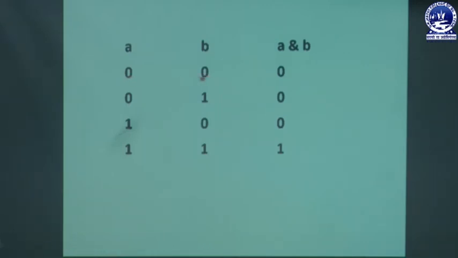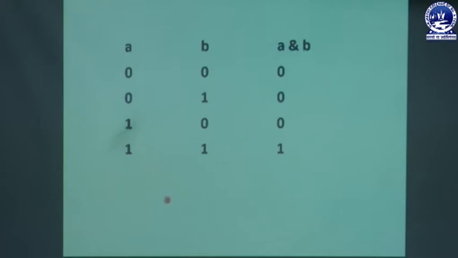Suppose the two bit values are 0 and 0, then by using the AND operator the output will be 0. Suppose one value is 0 and the other is 1, then the output will be 0. The same thing here for 1 and 0, and if the values are 1 and 1, then the output will be 1.